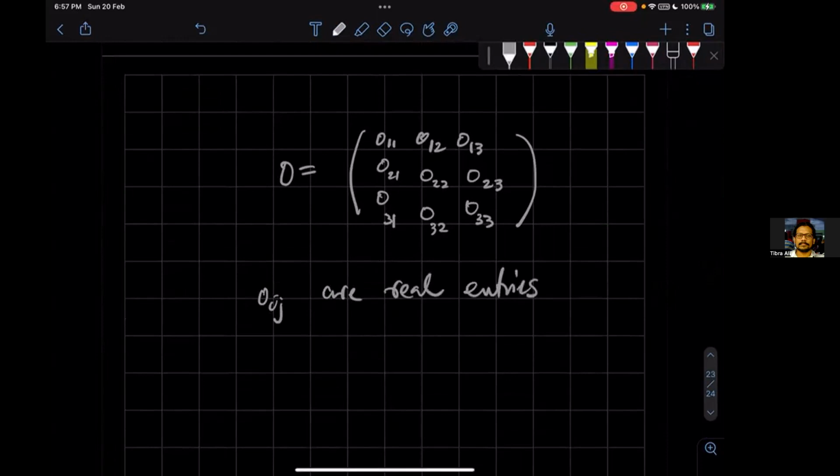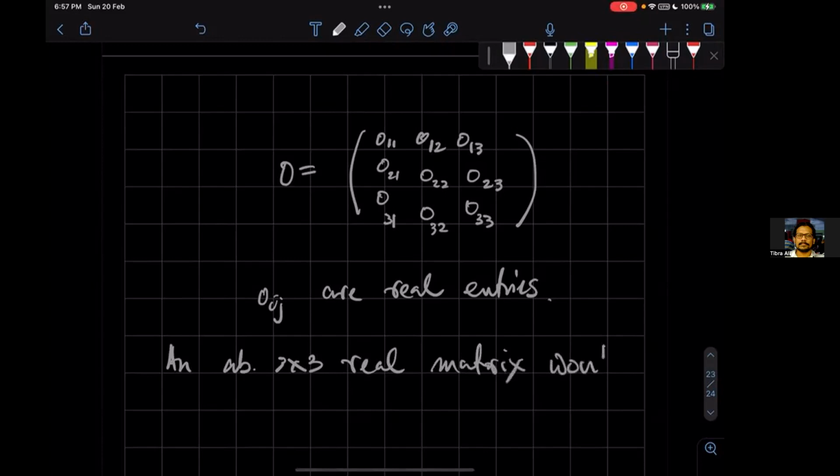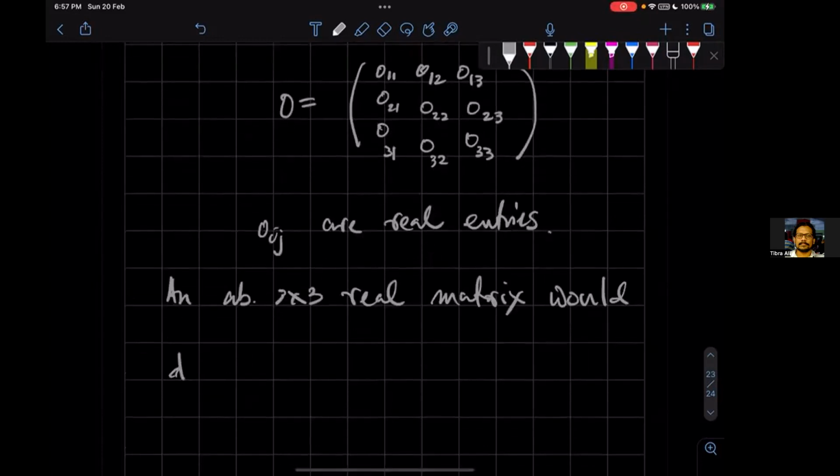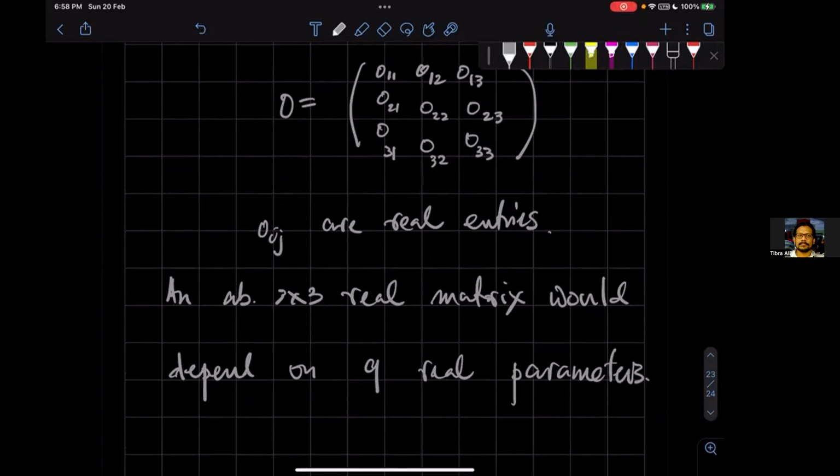So in principle, an arbitrary 3x3 real matrix would depend on 9 real parameters, right?